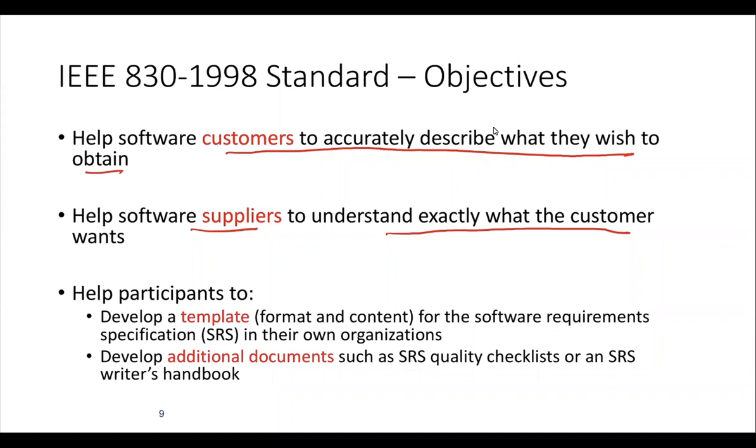Also, it helps in developing additional documents with high quality that could be guaranteed using a quality checklist that provides a well-written SRS at the end, which is considered as a writer's handbook.